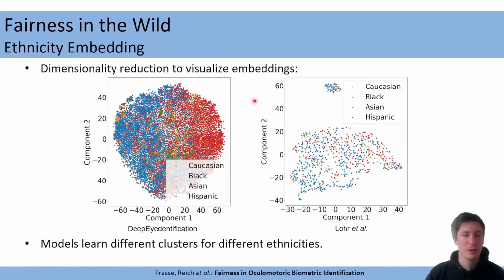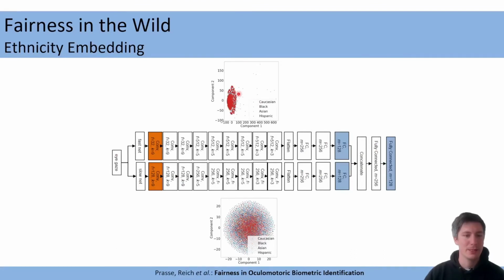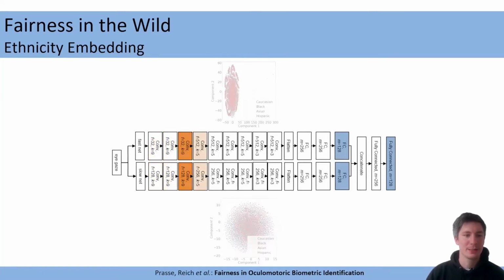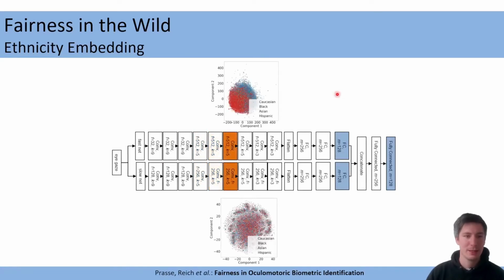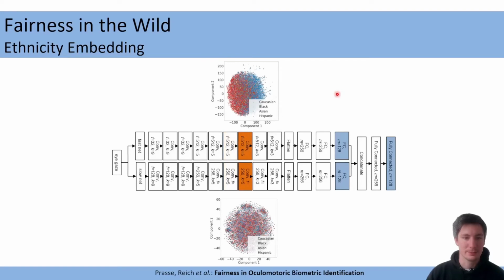We will now have a look how those clusters are developed within the architecture of our model. At the beginning, while the receptive field of the model is rather small, here only 9 milliseconds, there are no clusters with respect to ethnicity. While it is encouraged that our model learns clusters per person, it's an unwanted side effect that the model learns clusters with respect to ethnicity.